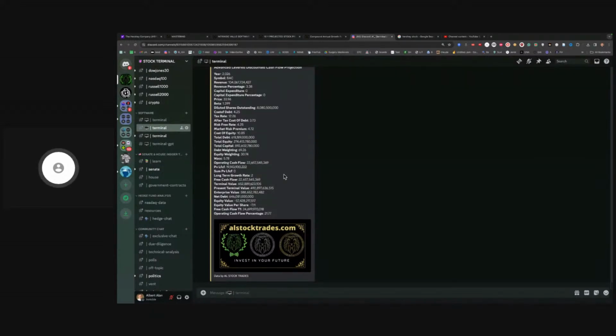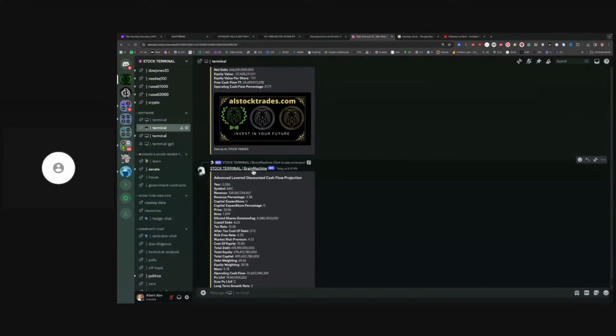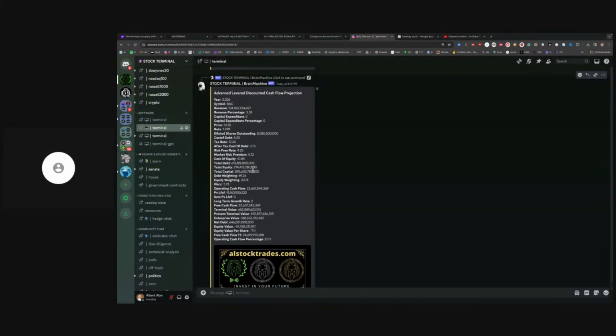Now, obviously, there are pros and cons of each. The pro of the automated one, the one that Brain Machine does, is that it's really quick, and you don't have to plug and chug. The con of the Brain Machine one is that you can't curtail and modify the intrinsic value to suit what is actually happening with the company.